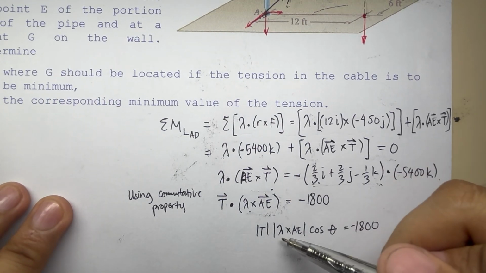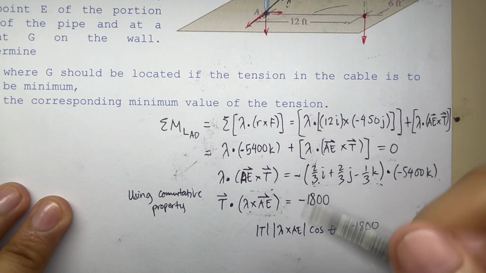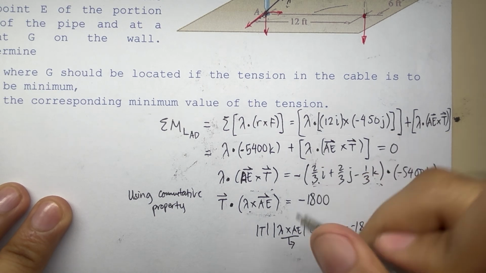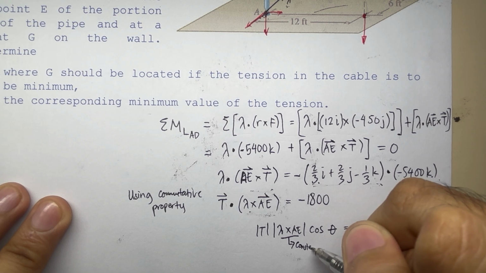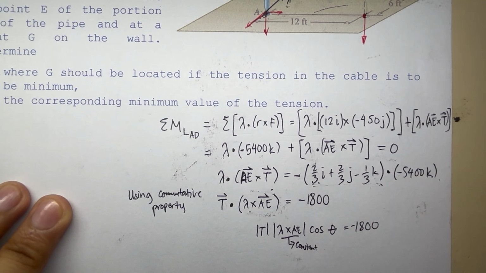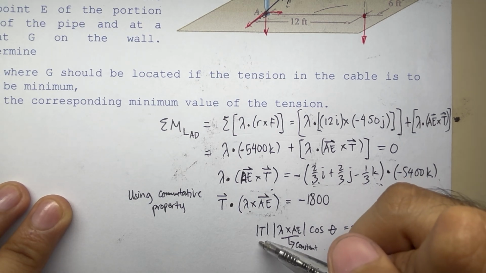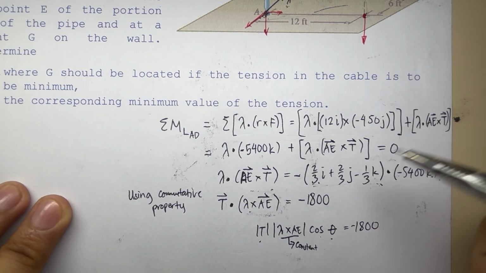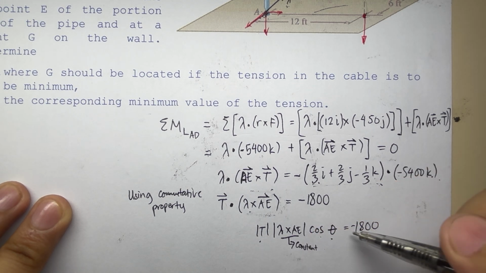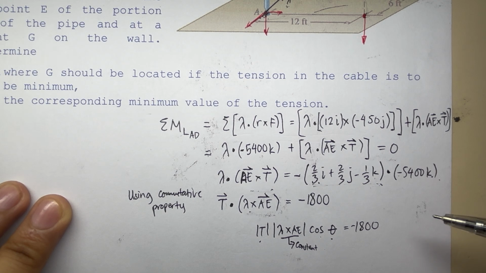Therefore, this expression is constant. So the product of our tension and cosine theta should equal negative 1,800.